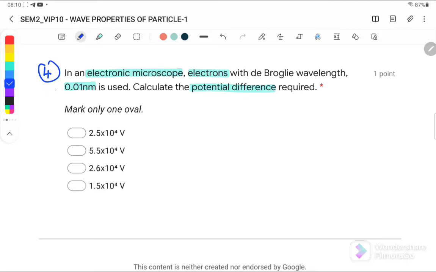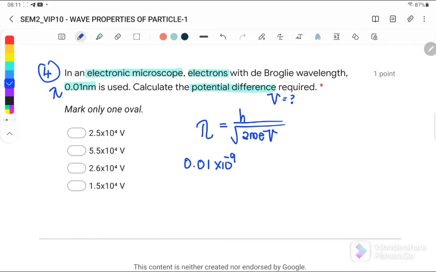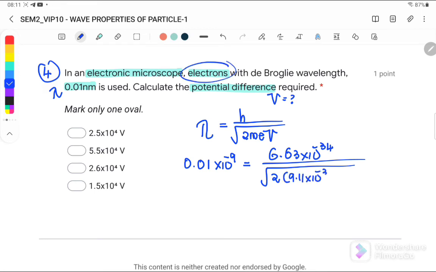Here they already give you the de Broglie wavelength, equal to 0.01 nanometer, and the question asks us to determine the value for V. So we can use the third equation, where the de Broglie wavelength equals h over the square root of 2meV. We substitute 0.01 nano, which I convert to exponent negative 9, and h is 6.63 exponent negative 34 over the square root of 2m for an electron, so m is 9.11 exponent negative 31. e is the charge, and V is the unknown.